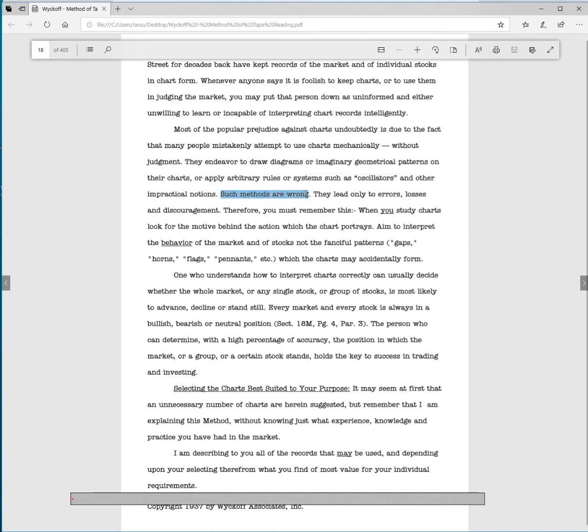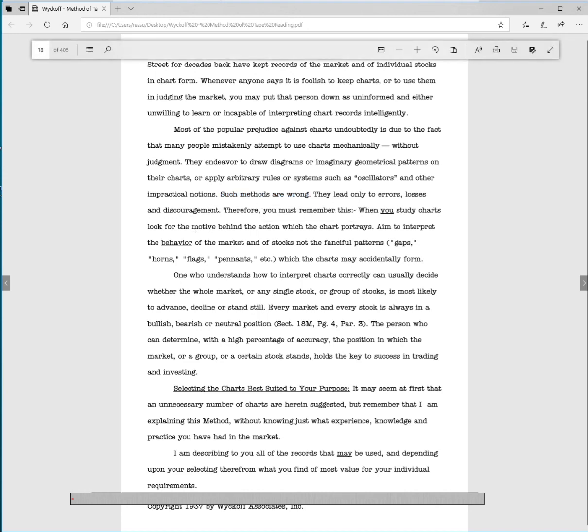Such methods are wrong. Mechanical methods, rules-based systems, arbitrary rules using oscillators: this is what he has to say about them. Such methods are wrong. They lead only to errors and losses and discouragement.